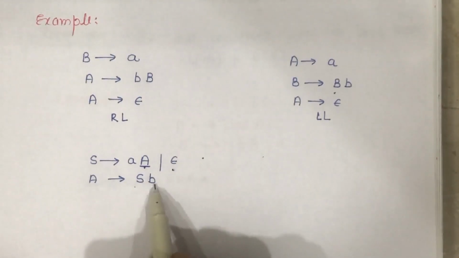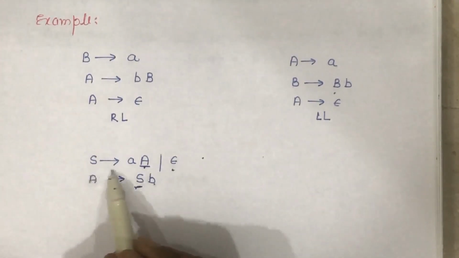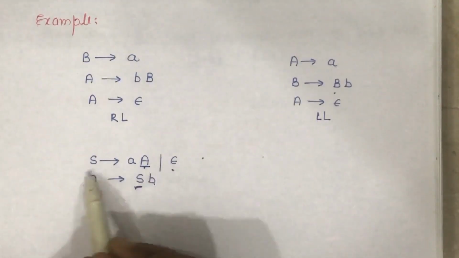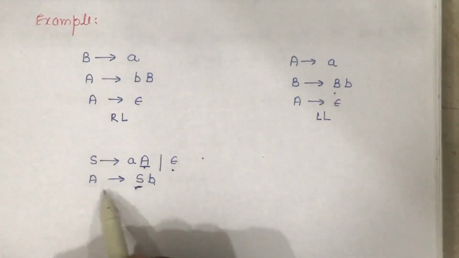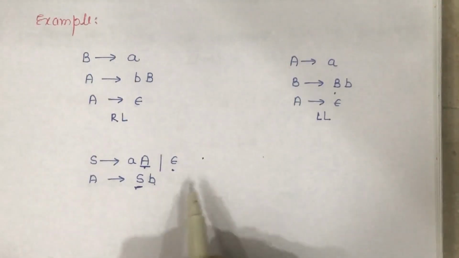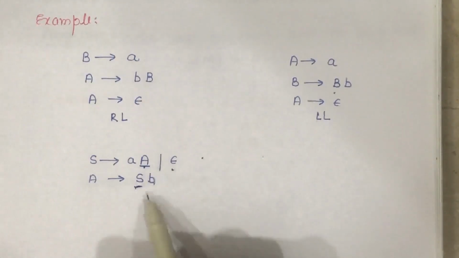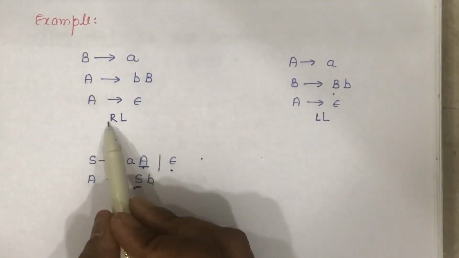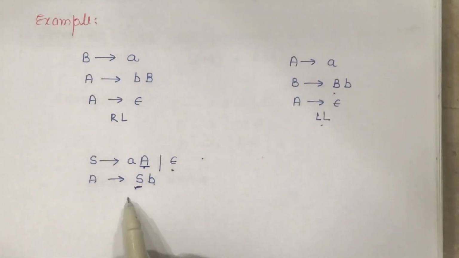In this alternate we have a non-terminal that is situated at leftmost position. So this rule is satisfying the property of right linear grammar, while this production rule is satisfying the property of left linear grammar. So this is not regular grammar because it is a mix of two. So this is regular grammar, this is regular grammar, but this is an example of non-regular grammar.